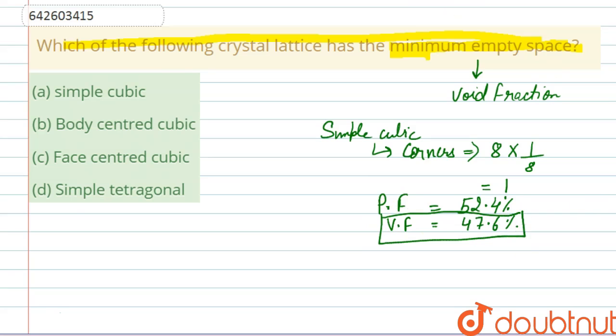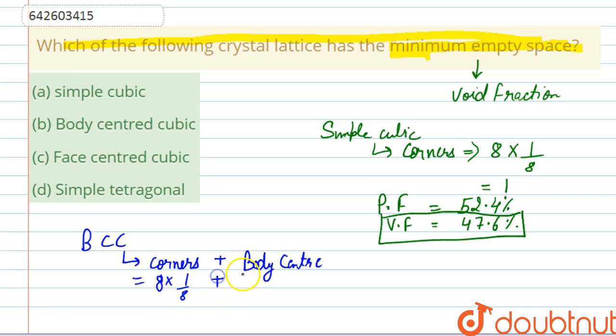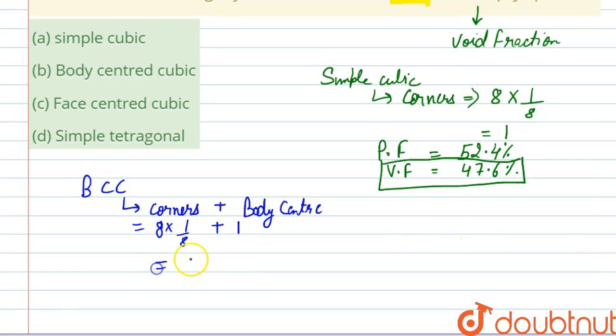Now in case of BCC or body centered cubic, the atoms are present at the corners and 1 atom is present at the body center. Similarly, the contribution of one corner is 1 by 8, plus the contribution of the body center is 1 only, so it will be 2.